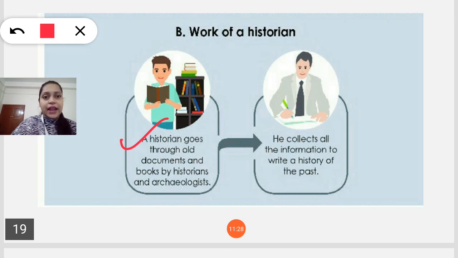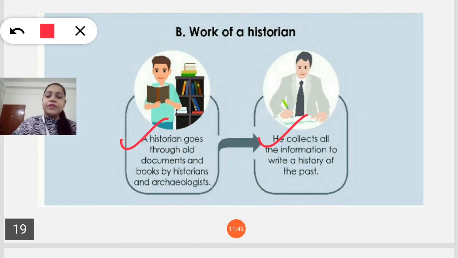The historian collects and studies them. Then he collects all the information to write the history of the past. He collects the various information left by the historians and archaeologists, whatever books written by them. Then he again studies them and he writes a new book and writes about the past.